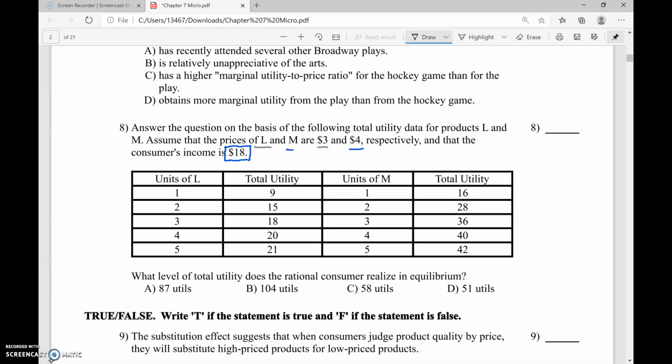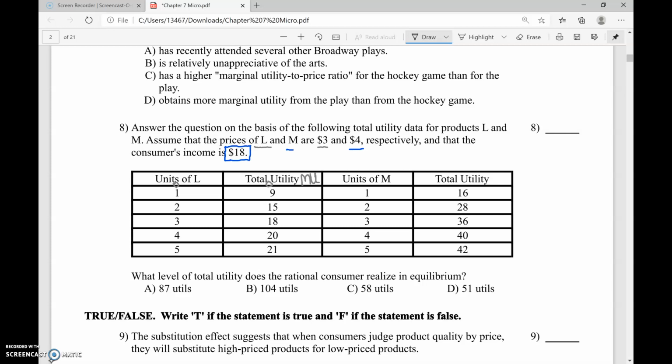First, I have the total utilities given to me of L and M. From these total utility numbers, I'm going to find the marginal utility numbers. So let's do from unit 0 here. Say for unit 0, the total utility is 0.